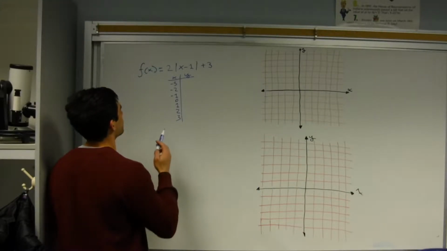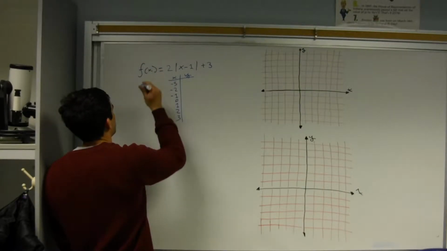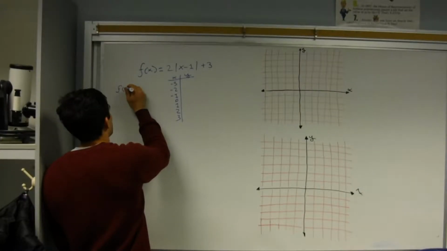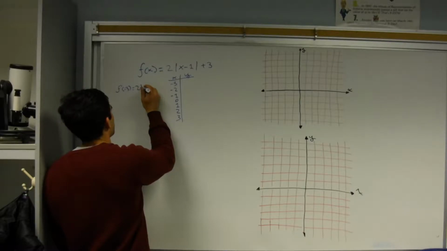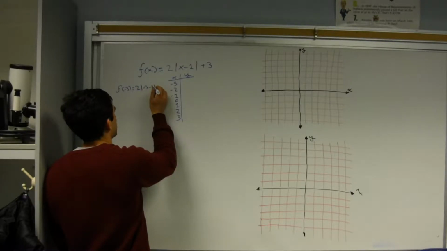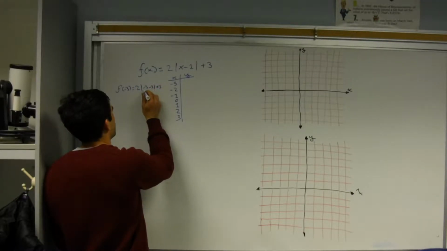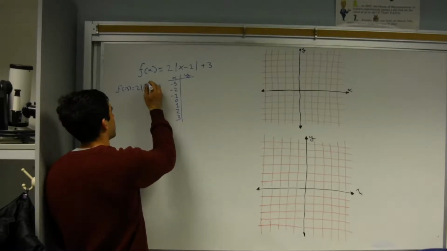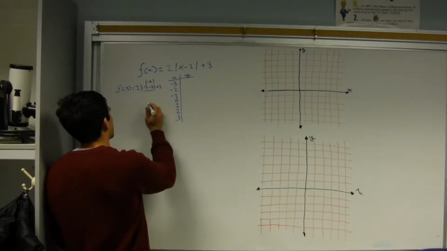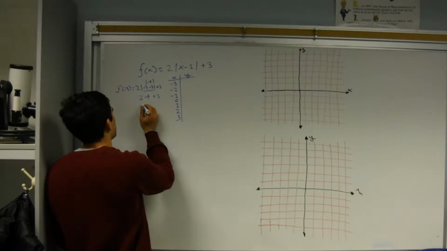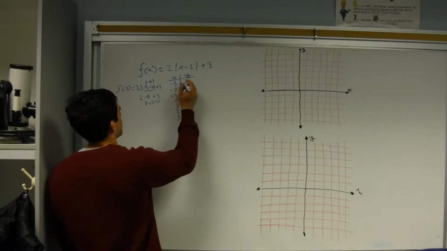we will notice that f of negative 3 is equal to 2 times the absolute value of negative 3 minus 1, plus 3. Absolute value of negative 3 minus 1 is absolute value of negative 4. So we get 2 times 4 plus 3, which is equal to 8 plus 3, which is equal to 11.